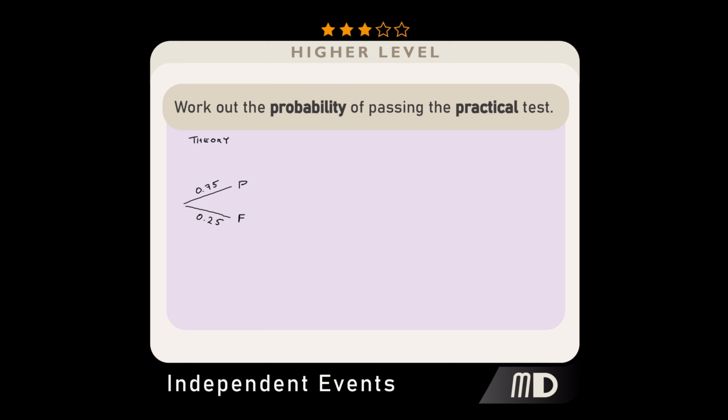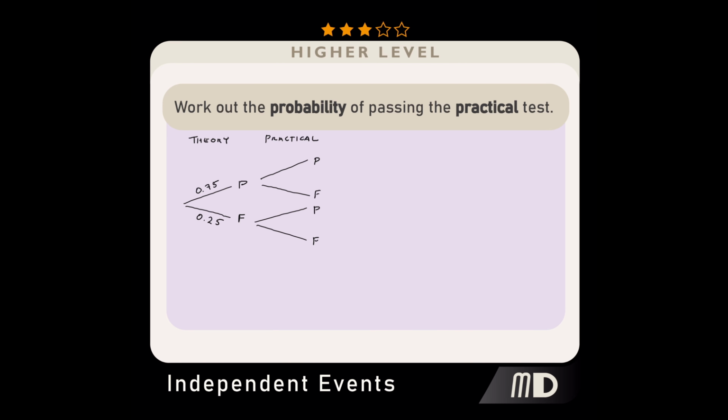The second part of the diagram represents the practical test. As before, there are only two outcomes, a pass or a fail. The question tells us that the probability of passing only one of the two parts is 0.36.